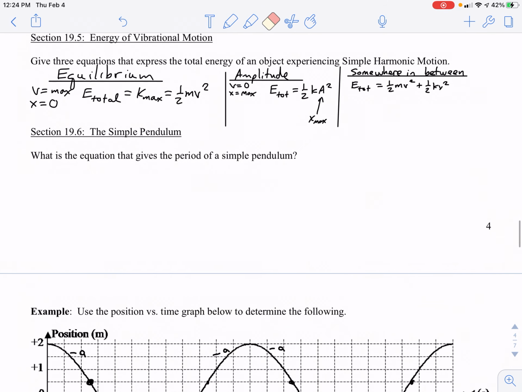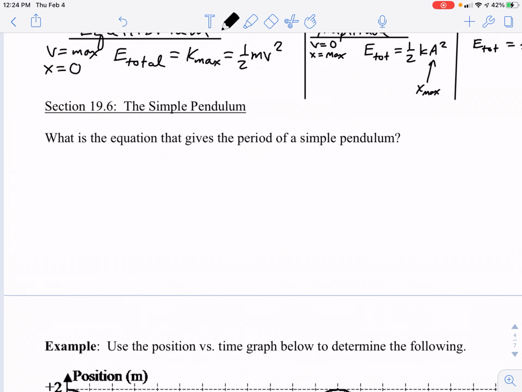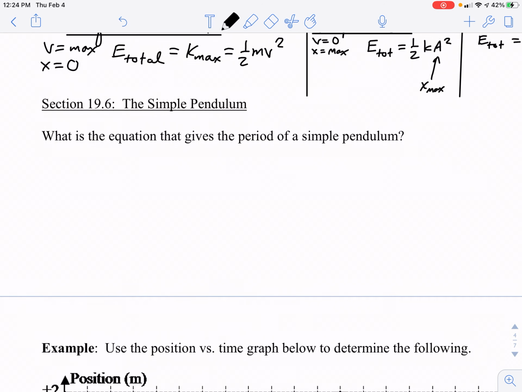Okay, what is the equation that gives the period of a pendulum? Now, there are some similarities to this, and I will derive this at a later time, but the period of a pendulum is 2 pi times the square root of L over g, meaning it depends on the length of the pendulum and the acceleration due to gravity.